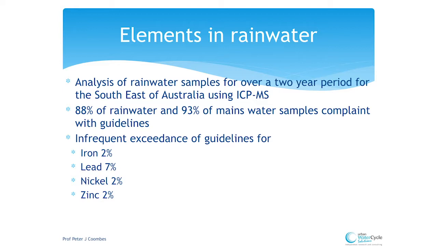And you don't exceed the Australian drinking water guidelines unless you've got consistent exceedances. So you have to have 3 or 4 cases in a row of a higher number for, say, lead than the guidelines for you to exceed it. So basically the rainwater was 100% compliant or close to in this case, because there was no persistent exceedance of the guideline, which is required in Australian drinking water guidelines.